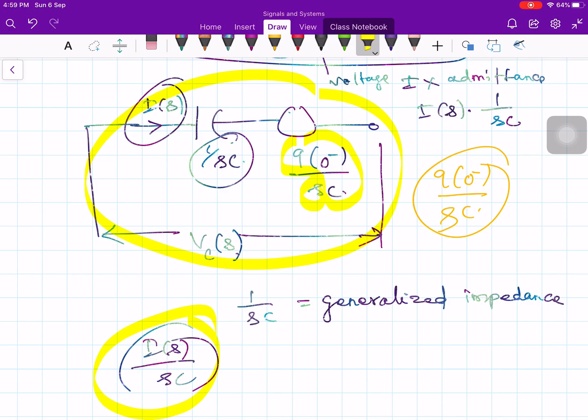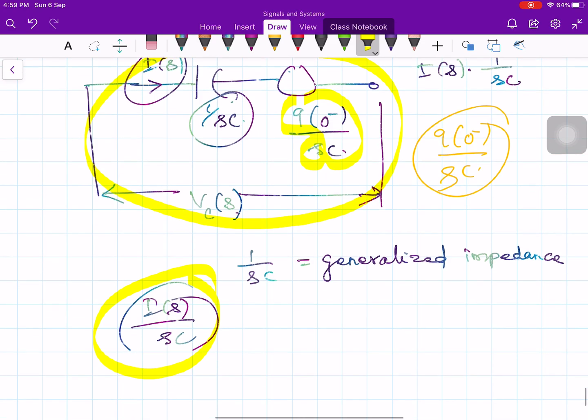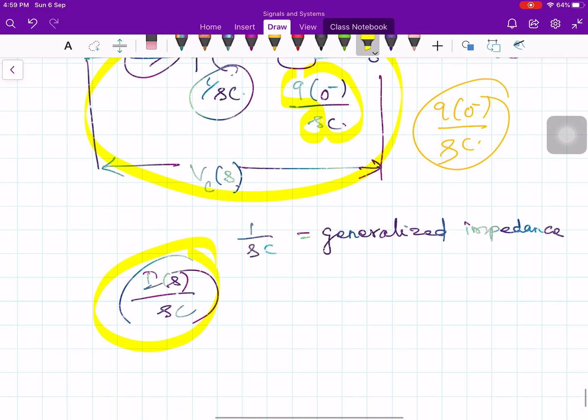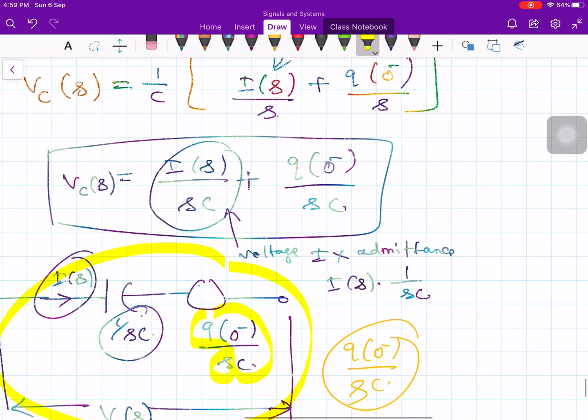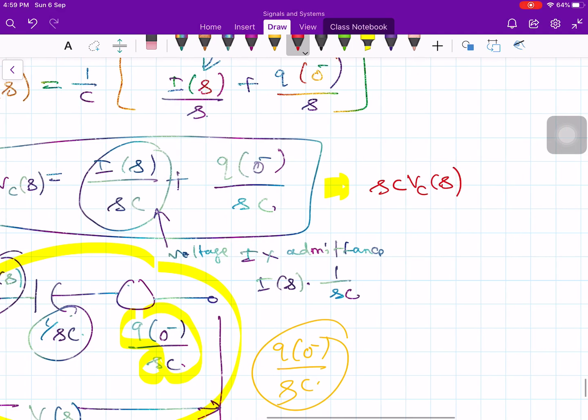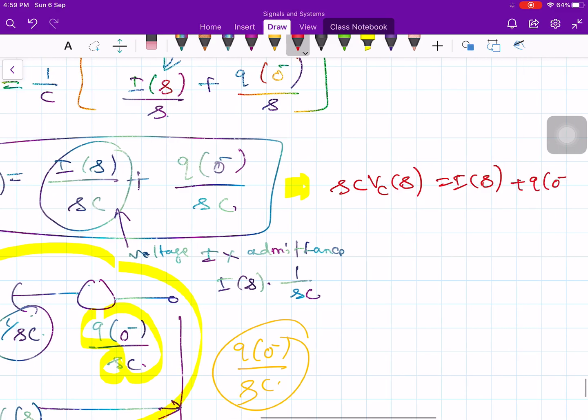Okay, an equivalent in the parallel form, a capacitor in parallel with the current source, can also be derived. You can just rearrange this equation. So if you rearrange, then sC times Vc of s is equal to I of s plus q of 0 minus, and I of s is equal to sC Vc of s minus q of 0 minus.